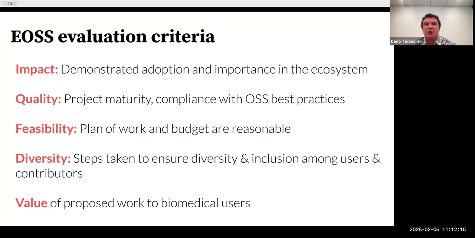This program was really focused on mature software, not early stage prototypes, but really think about the core software libraries that are used by virtually anyone in a given field of the life sciences.